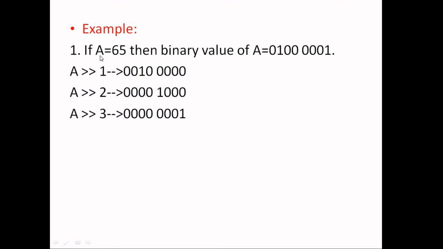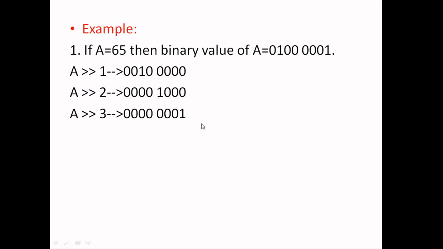So here 1 is in the second place, it will move to the third place. Here the 1 at the end will be moved out, so that it will be 0 0 1 0 0 0 0 0. Similarly, you can do for A >> 2, A >> 3. Very simple.